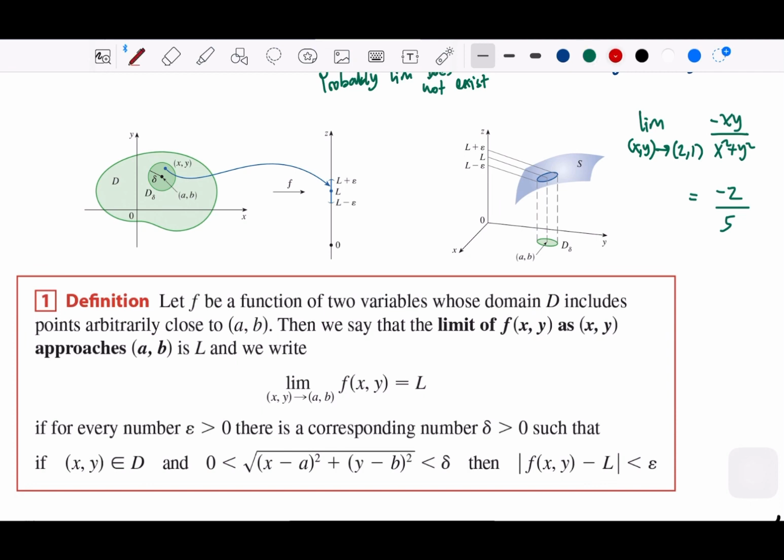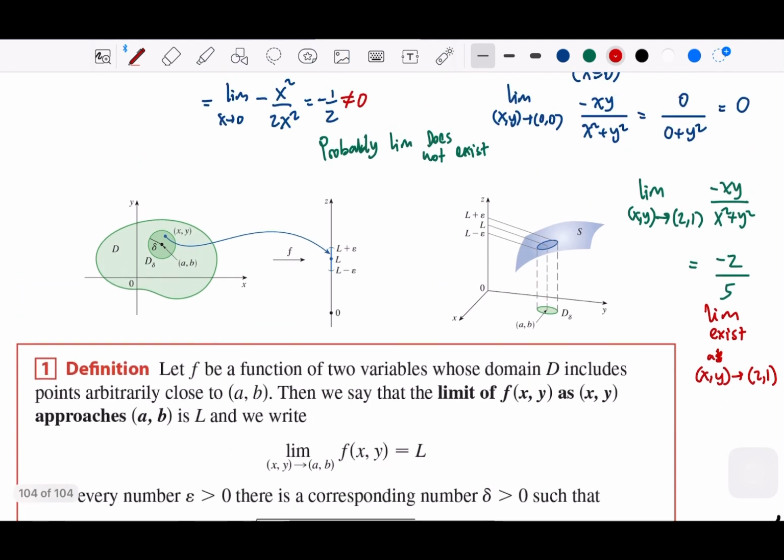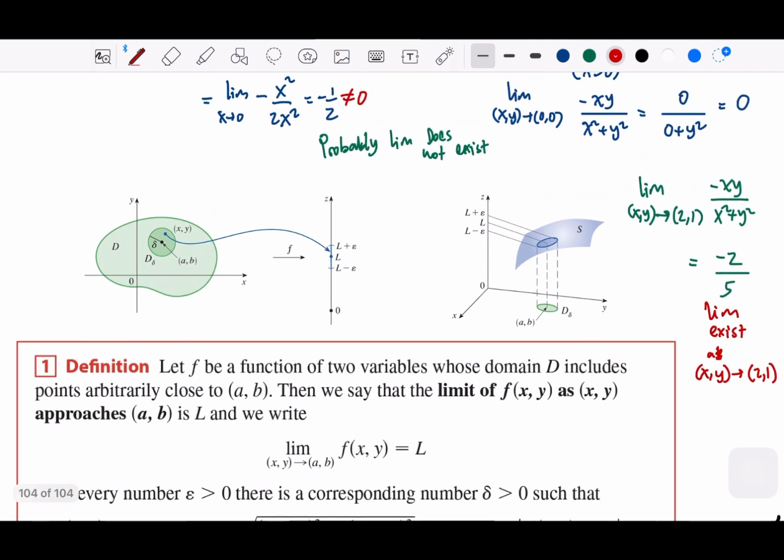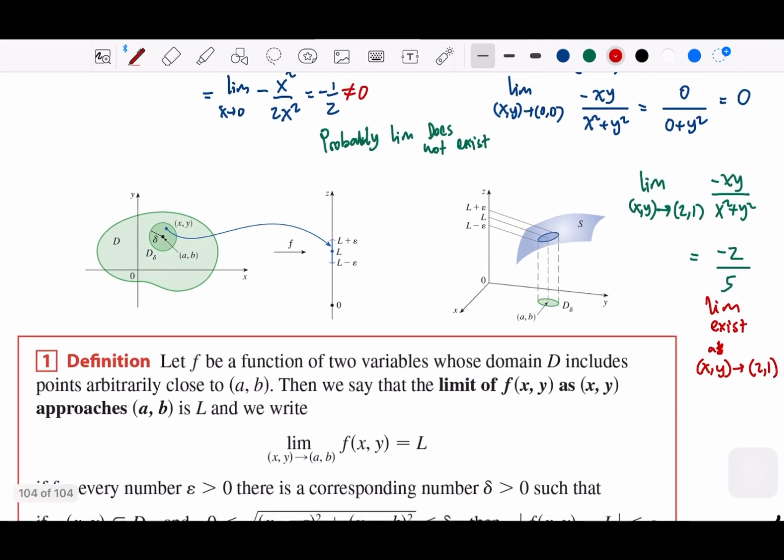So here the limit exists as x, y approaching 1. But when we approach (0, 0), it doesn't exist.